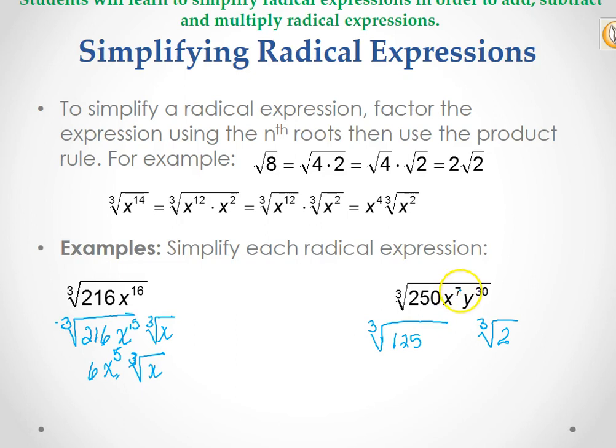X to the 7th, we're looking for multiples of 3, so we would have an x to the 6th. I'm going to write my y first. And I'd have a leftover x over here. So the cube root of 125 is 5. The cube root of x to the 6th is x squared. The cube root of y to the 30th is y to the 10th. And then we would have the cube root of 2x left over.